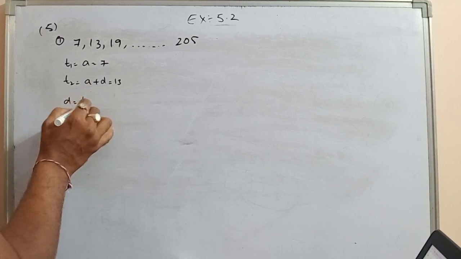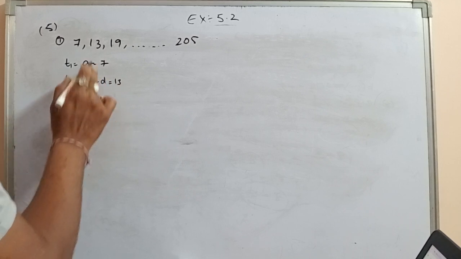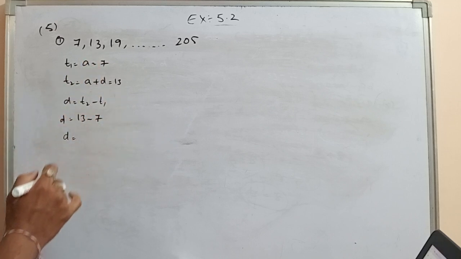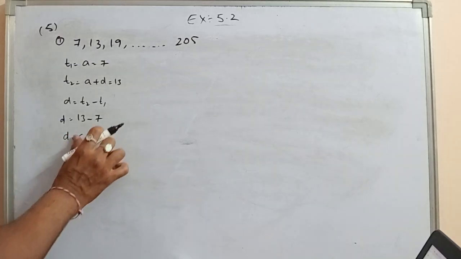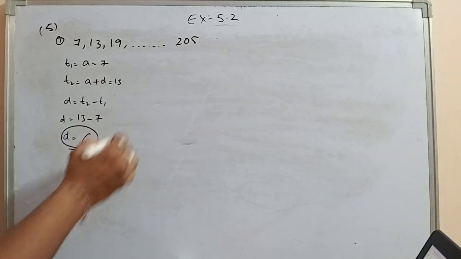The common difference d is T2 minus T1, which is 13 minus 7, so d is equal to 6. So we have got the value of d.